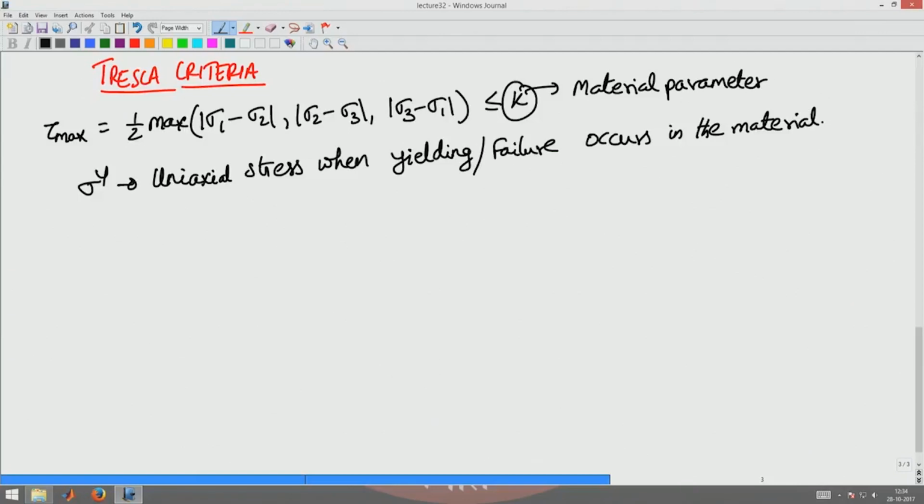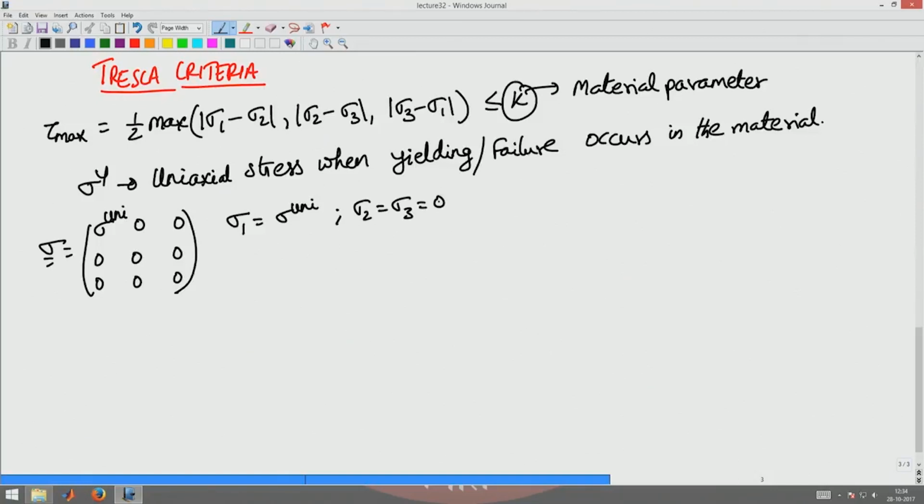For a uniaxial state of stress, I know that the stress tensor is given by sigma uniaxial in the first entry and 0 everywhere else. So, for this the principal values are sigma 1 equal to sigma uniaxial, and sigma 2 and sigma 3 are 0.